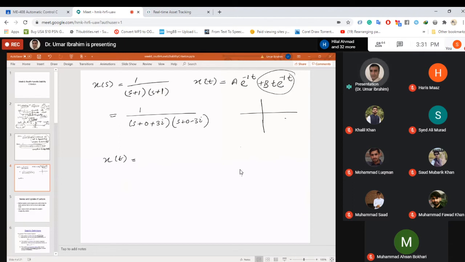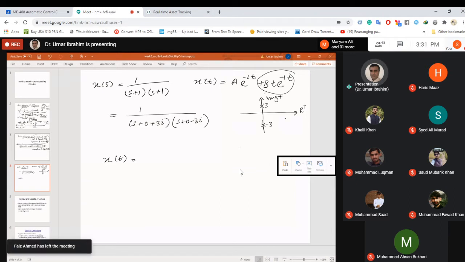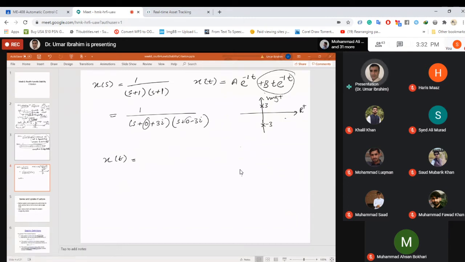If I plot these poles on the complex plane, real positive and imaginary positive, that's plus 3 iota and minus 3 iota. Now both the poles are complex poles, or actually imaginary poles. They are on the imaginary axis itself, so their real part is equal to 0.